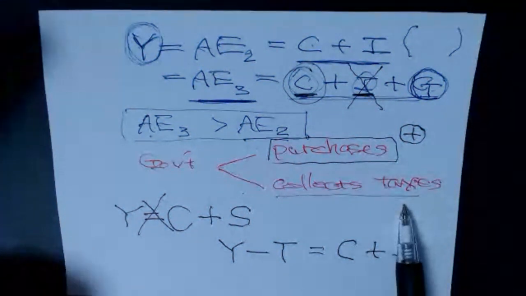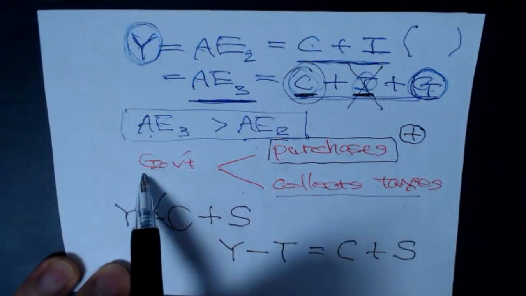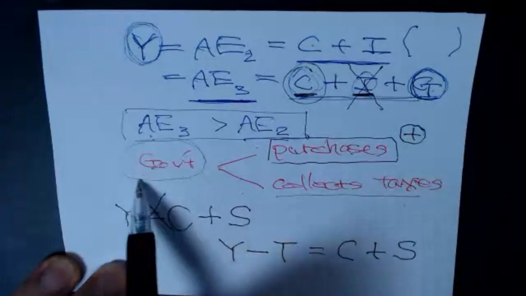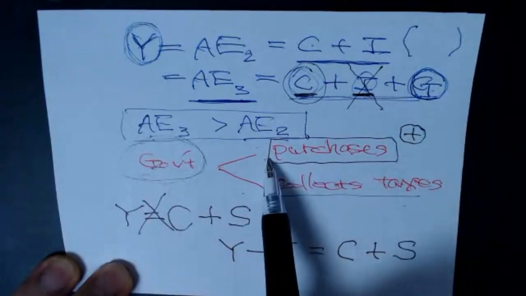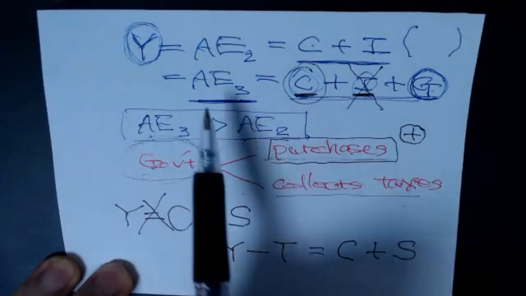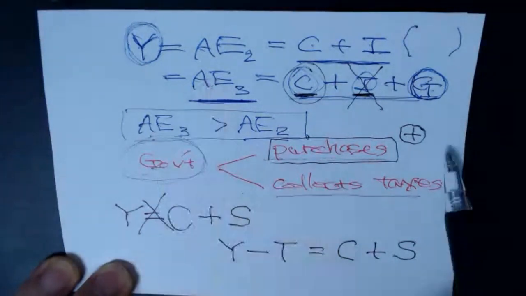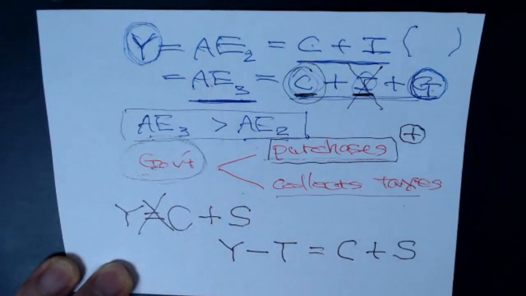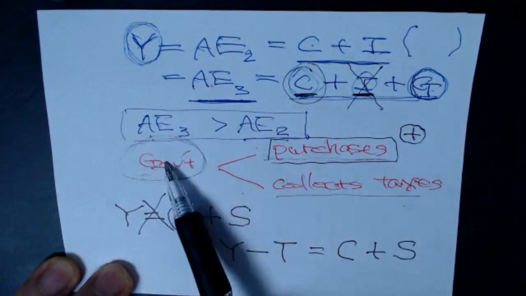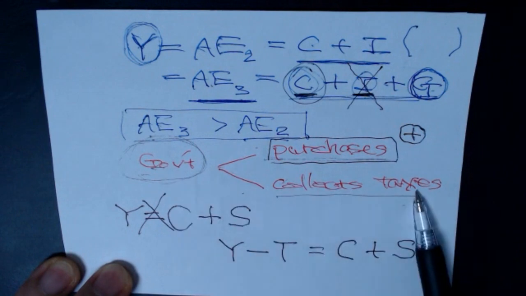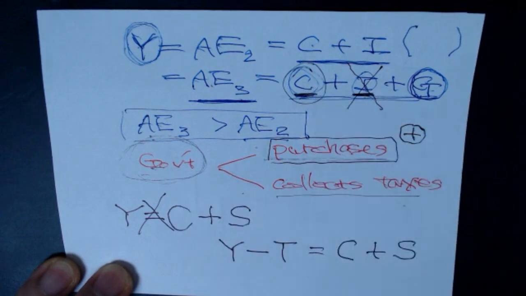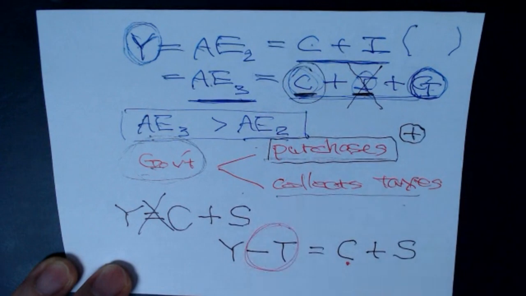So my question was, okay, when we have additional government purchases, aggregate expenditure increases, a positive impact. But when it collects taxes from households, you see that the amount of C must decrease because of tax payment.